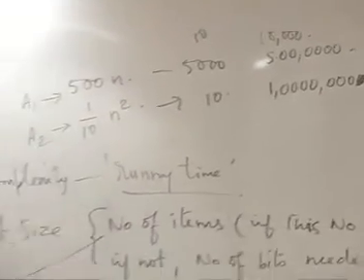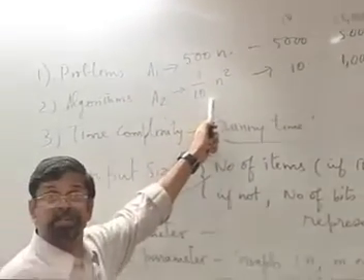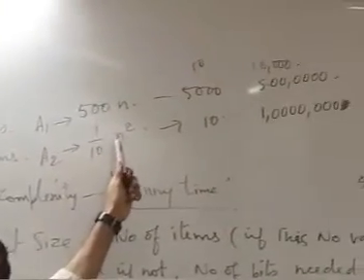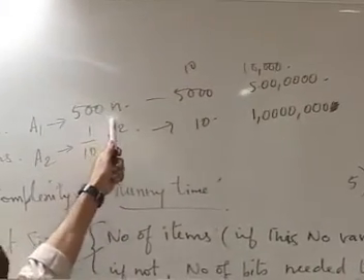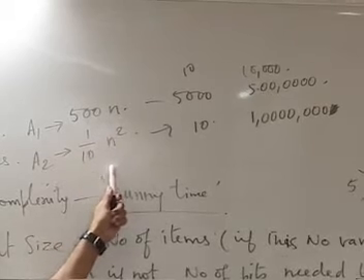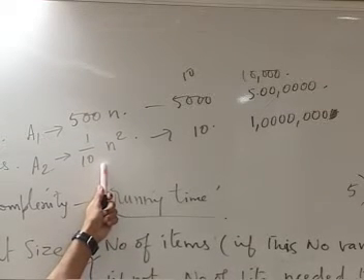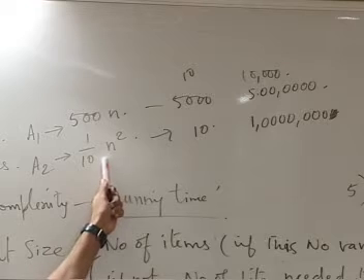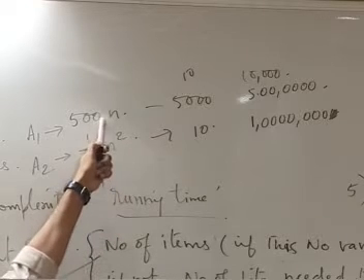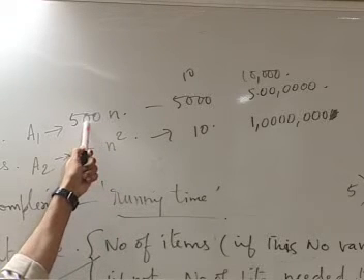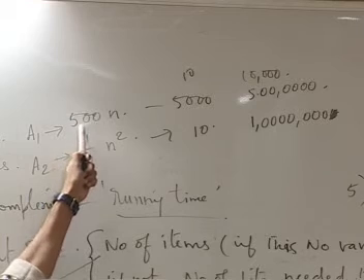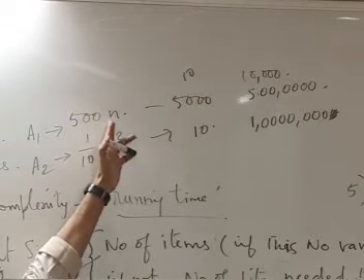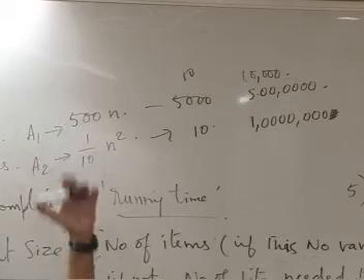That is because the growth rate of this function is higher than the growth rate of this function. As n becomes larger and larger, this also becomes larger, this also becomes larger. But the rate at which this grows is far more than the rate at which this increases. That is the reason why beyond some point this not only catches this value but overshoots that.